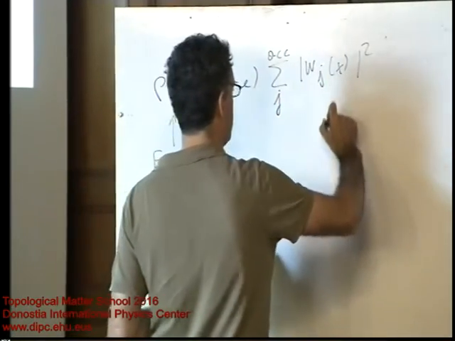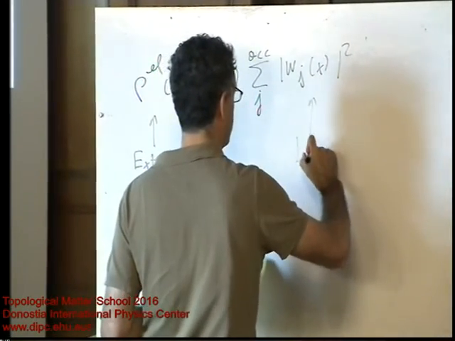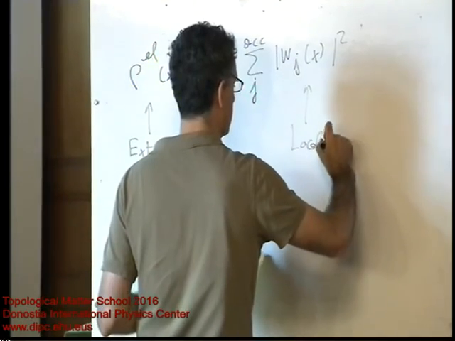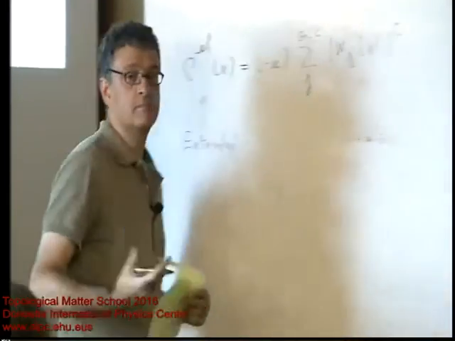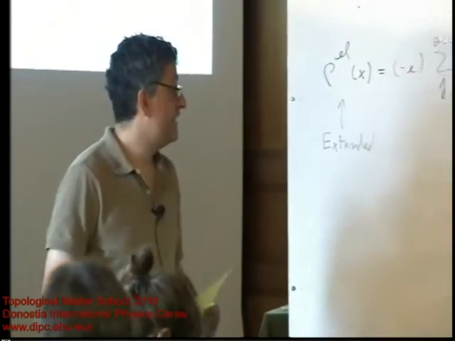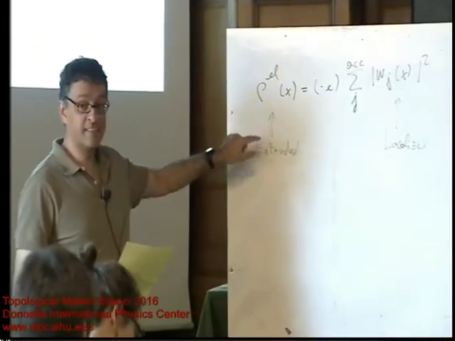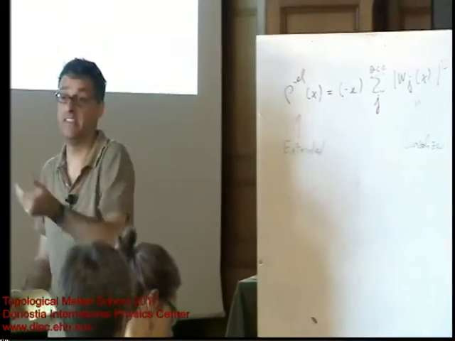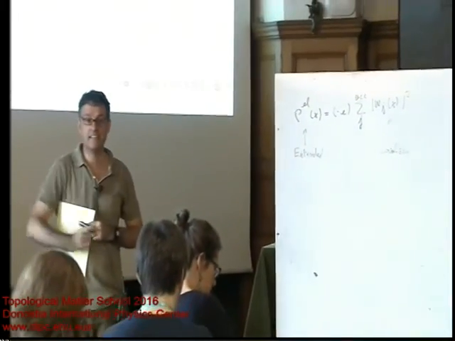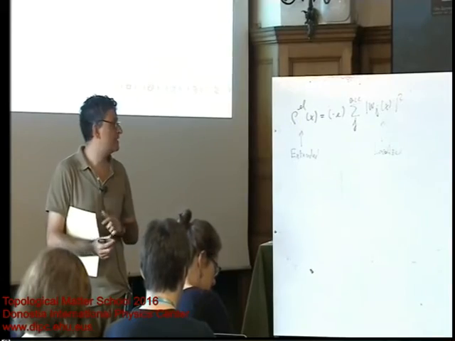But now I'm building up that object out of localized objects. So the trick, of course, is that individually they are localized, but to reconstruct the extended charge density, they are localized at different places along the chain, right? So nothing mysterious at that level.